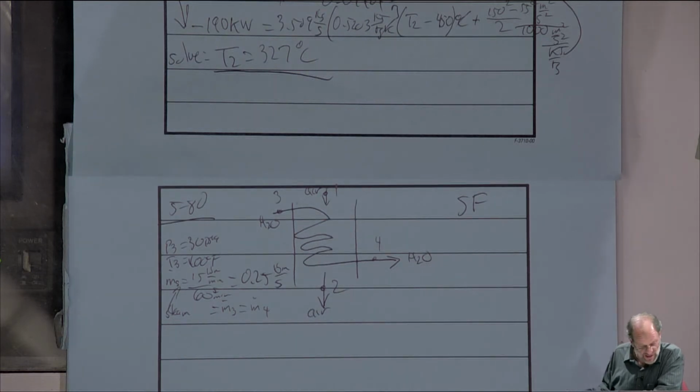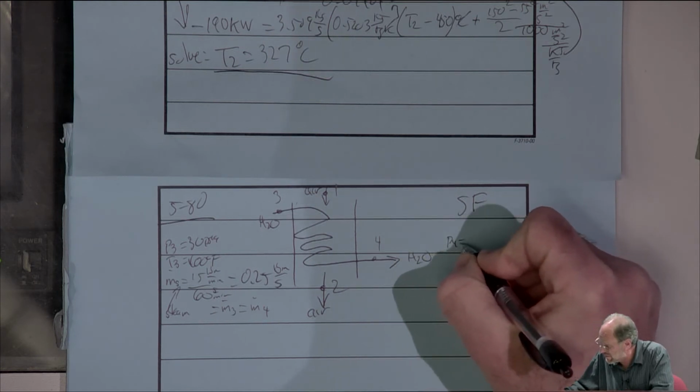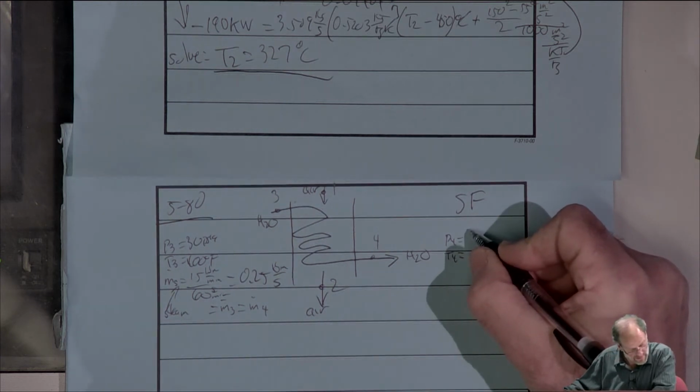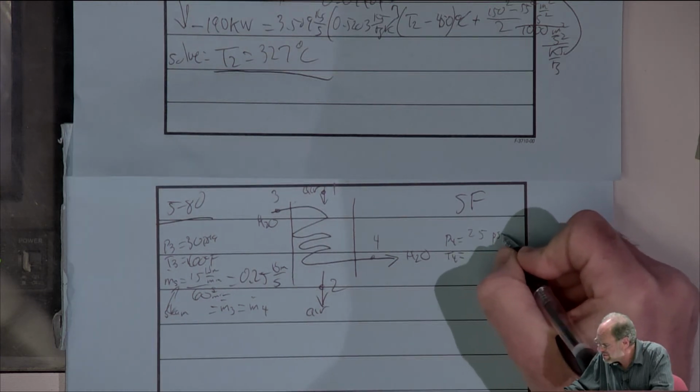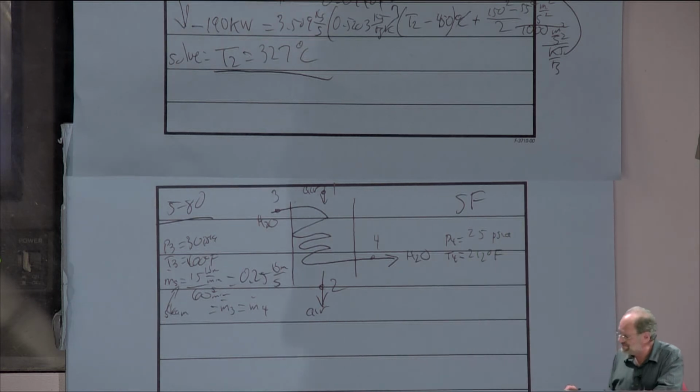And then it gives me information about the exit conditions. So it says 25 psia, 212 degrees Fahrenheit. So P4 and T4 are given. Then it gives you some air information.